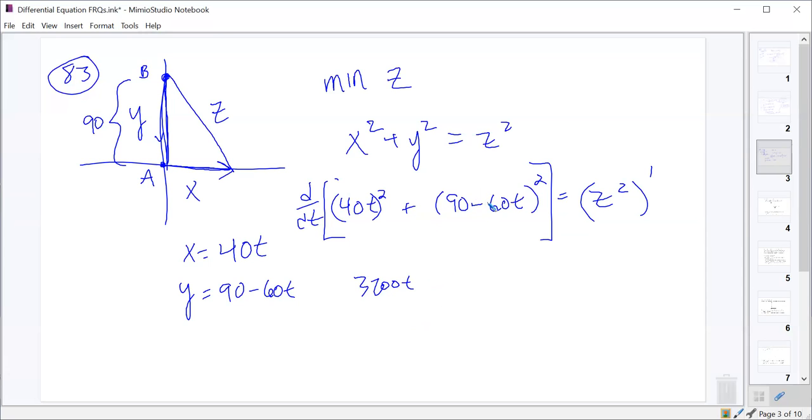And then we're going to have negative 5400t and another negative 5400t, so that'll be a negative 10,800t. And when we take the derivative, we'll lose the t on it. And then this will become a plus 3600t squared, which will make a plus 7200t.